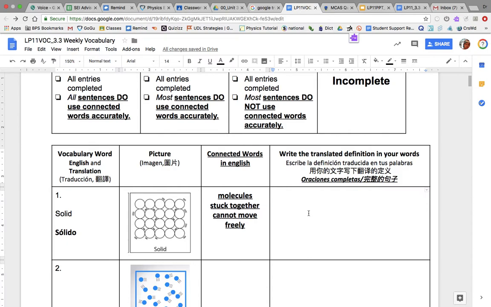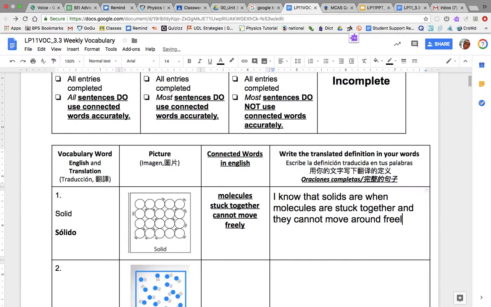So I can say, I know that solids are when molecules are stuck together and they cannot move around freely. Okay, so that's my definition.